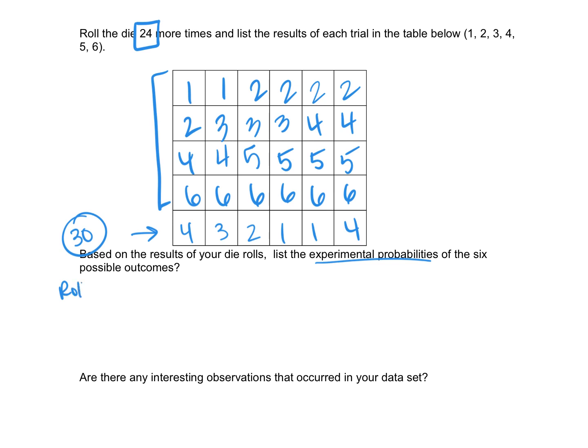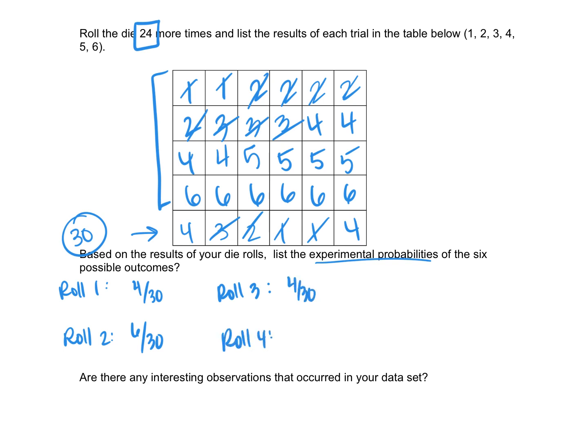So rolling a 1, it looks like that happened 1 2 3 4 times. So 4 out of the 30. Rolling 2 happened 1 2 3 4 5 6 times. Rolling a 3 happened 1 2 3 4 times.